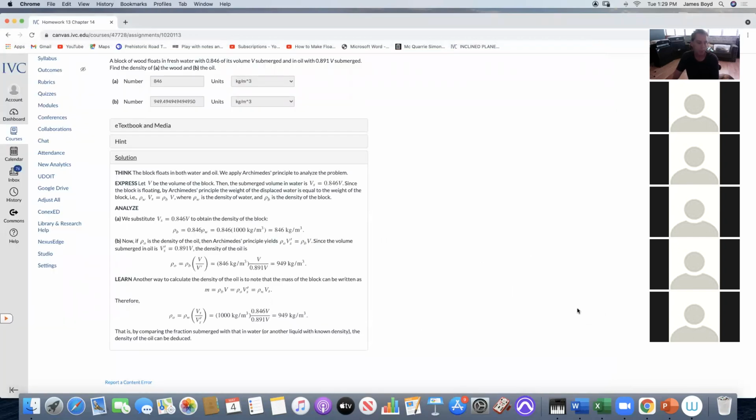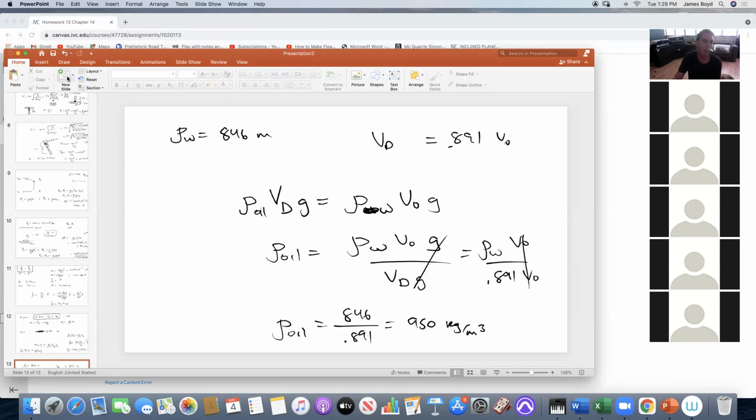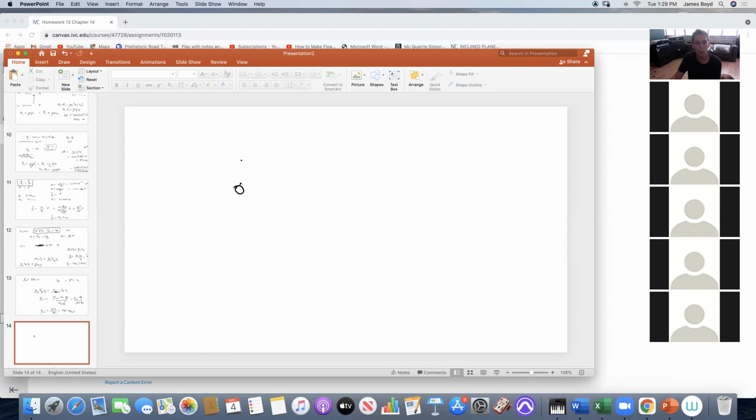Yep. Okay, so the idea here is that for buoyancy, when an object is floating, a is 0, but it's equal to FB minus mg. Density is mass over volume. So mass is density times volume.